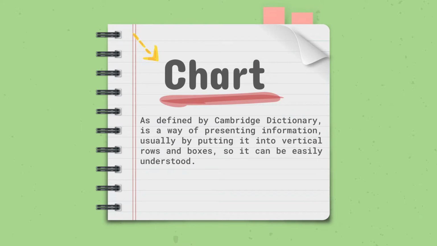As defined by the Cambridge Dictionary, it is a way of presenting information, usually by putting it into vertical rows and boxes, so it can be easily understood. Charts allow us to present data graphically.